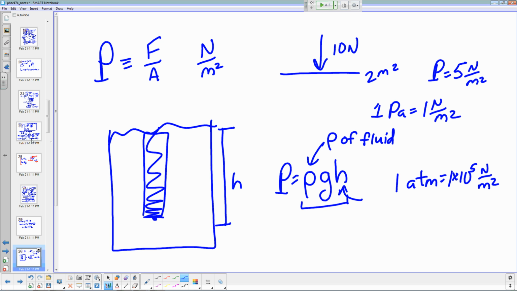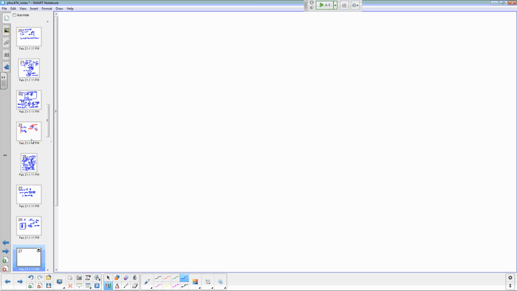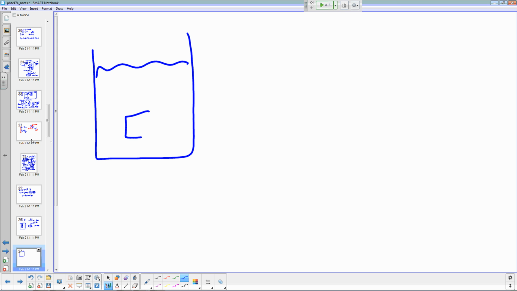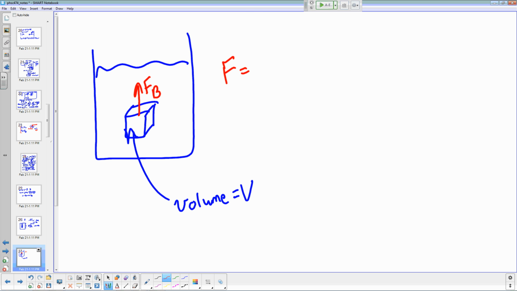And then we also need to consider the buoyant force. If I have an object of a certain volume V, there's a certain buoyant force acting on it. Whether it's floating or submerged all the way down, there is a buoyant force acting up on it, and that buoyant force is equal to the weight of the displaced fluid.